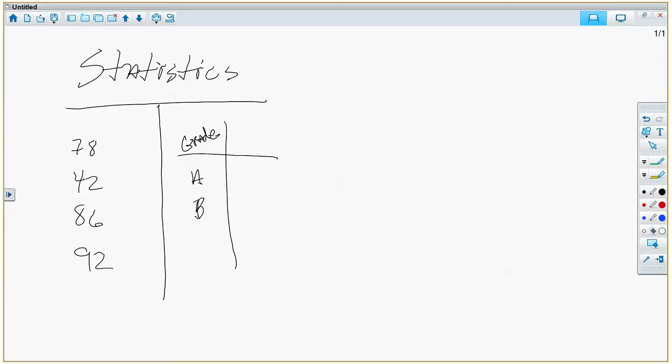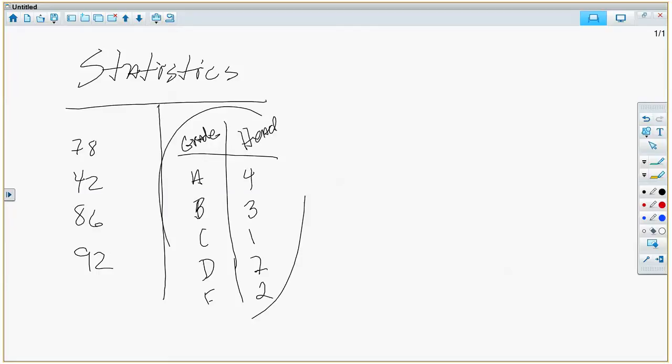Remember? A, B, C, D, 4, 3, 1, 7, 2. And this is called a frequency distribution, right? Remember me talking about that? All right, well, we're going to do the same thing now. That was with Unit 1.